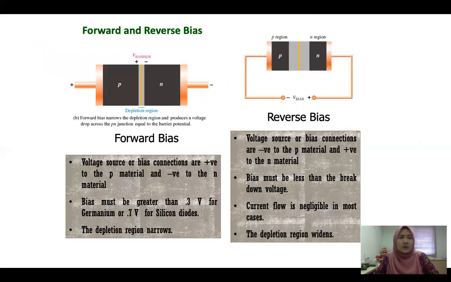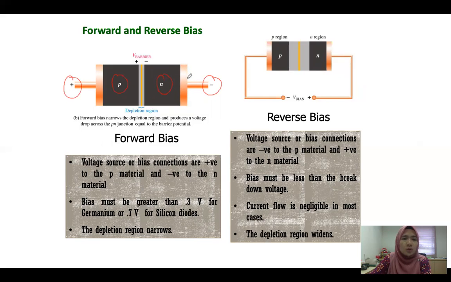Okay. So this is the summary of the difference between forward and reverse bias. This one is forward bias, this is reverse bias. Forward bias happens when the positive external voltage is applied to the P region and the negative polarity of the external voltage is connected to the N region.